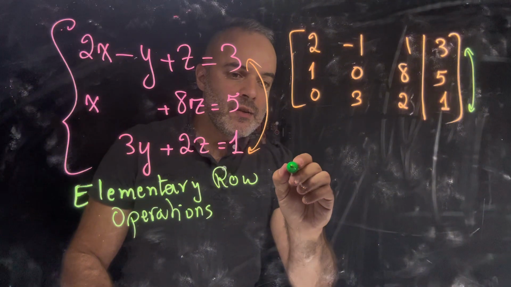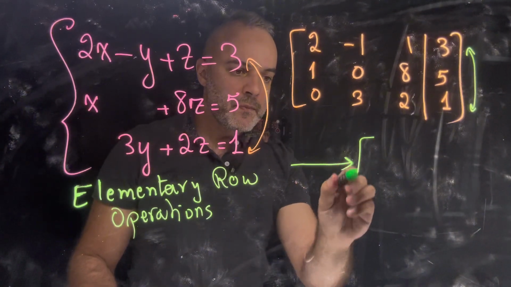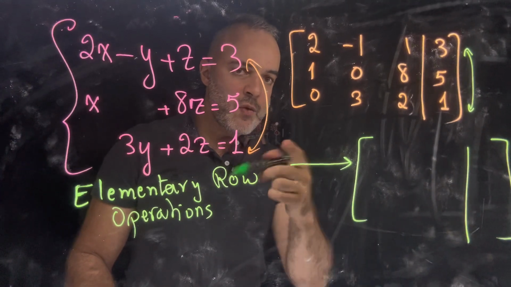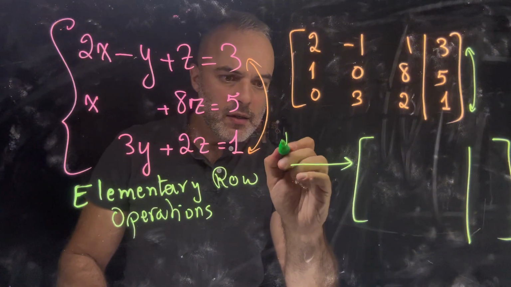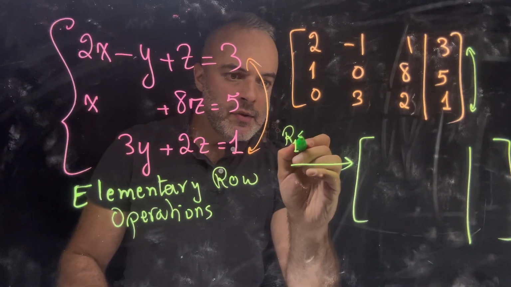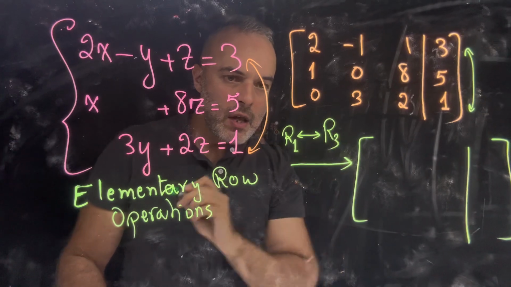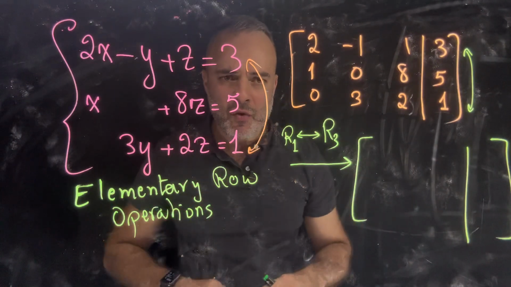So how would I write that? I can simply say that this matrix has changed into the new matrix, but of course we need to explain what happened here. So I write R1, double arrow like that, R3. Whenever you see this double arrow, this means I have interchanged the rows.